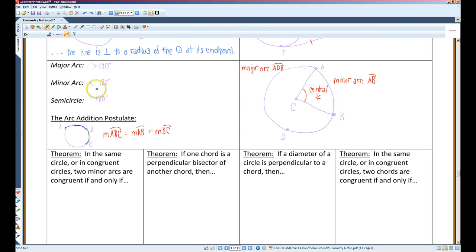Minor arcs are less than 180. The points on circle C that do not lie on minor arc AB form a major arc with endpoints A and B.